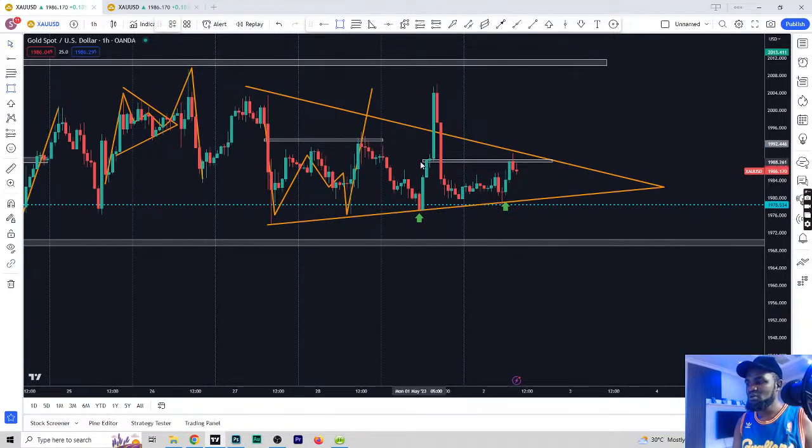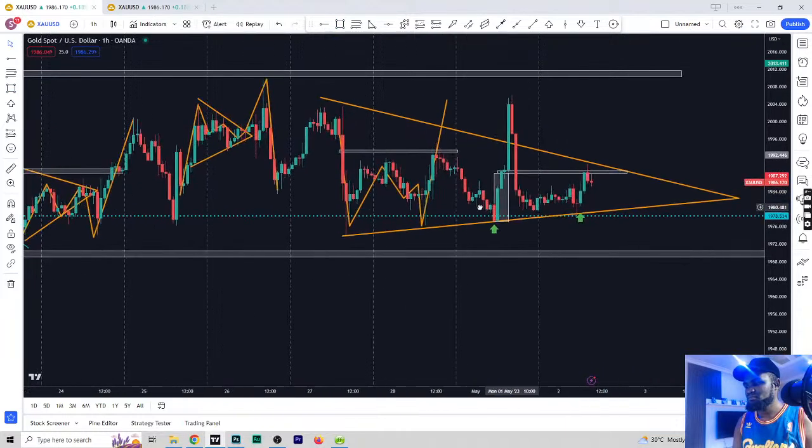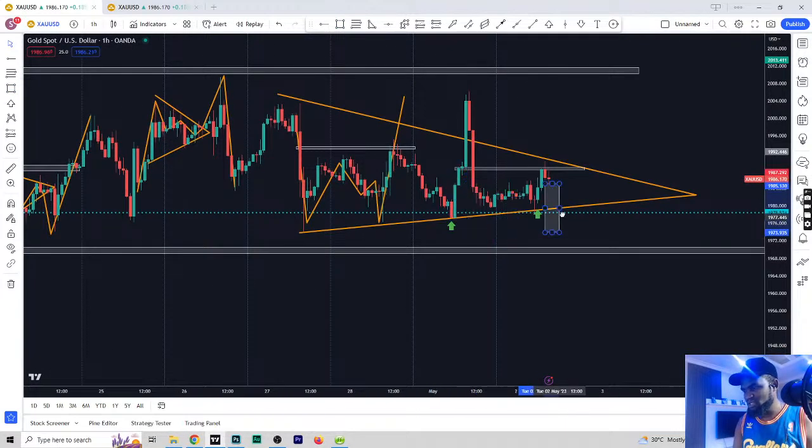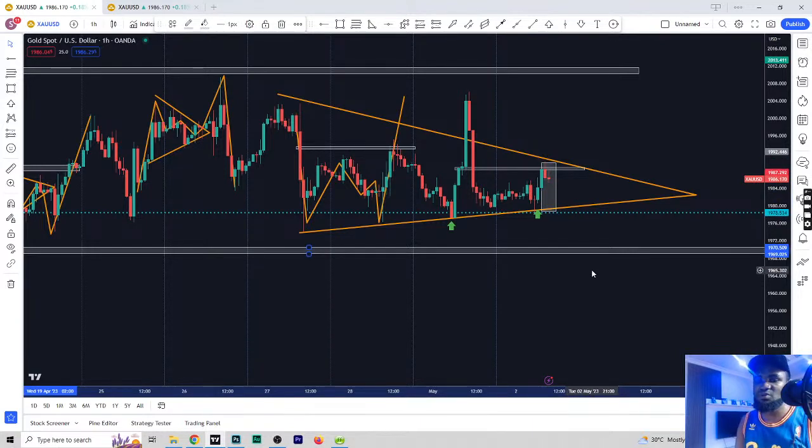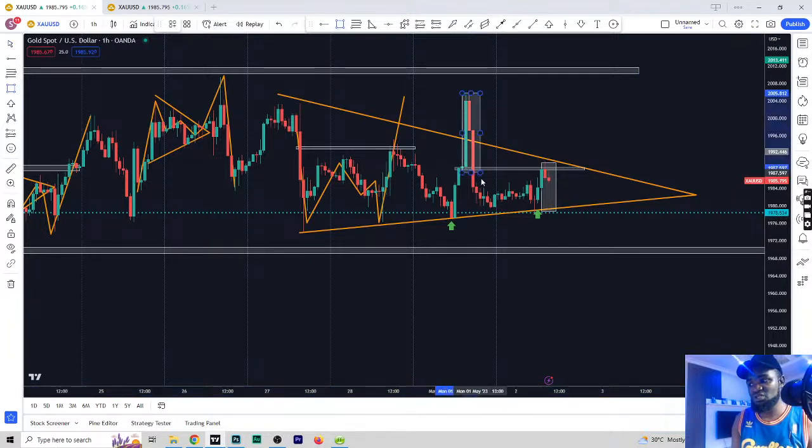For example, here's market induction. So if I take this market induction and I put it here, you see exactly where you need to get out. So even if it continues going up, for example, this is a very nice market induction which can cause the market to continue going up to this level.